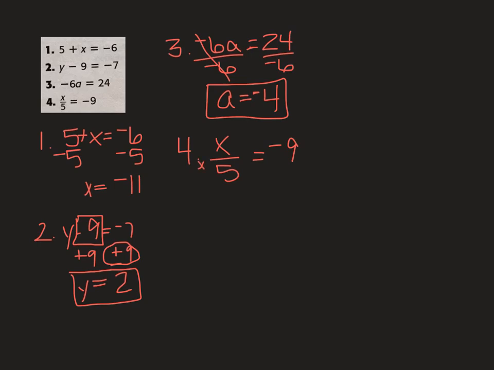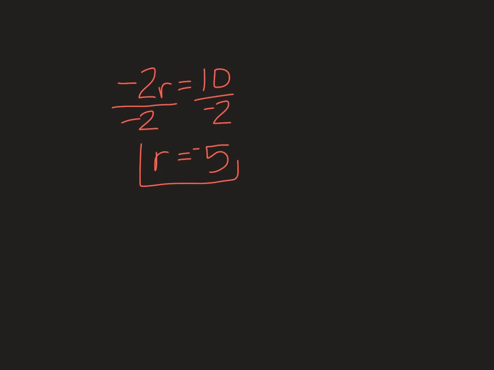I'm going to multiply both sides by 5 to get that x is equal to negative 45. For good measure, let's do one more. Negative 2r equals 10. I would divide both sides by negative 2. So r is equal to 10 divided by 2, or 5, and it's a negative.